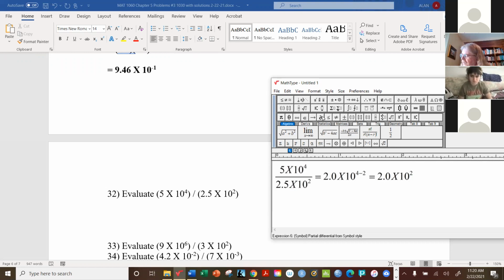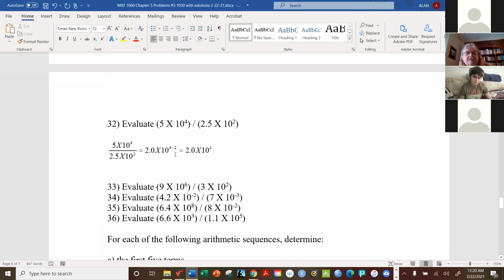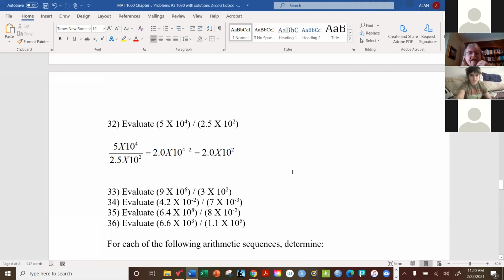And that's all you had to do. So again, don't forget, you're just basically treating the constants separately. That's where this 2 comes from. And then you apply the quotient rule to the 2 powers of 10. Beautiful. All right, and that's your final answer.